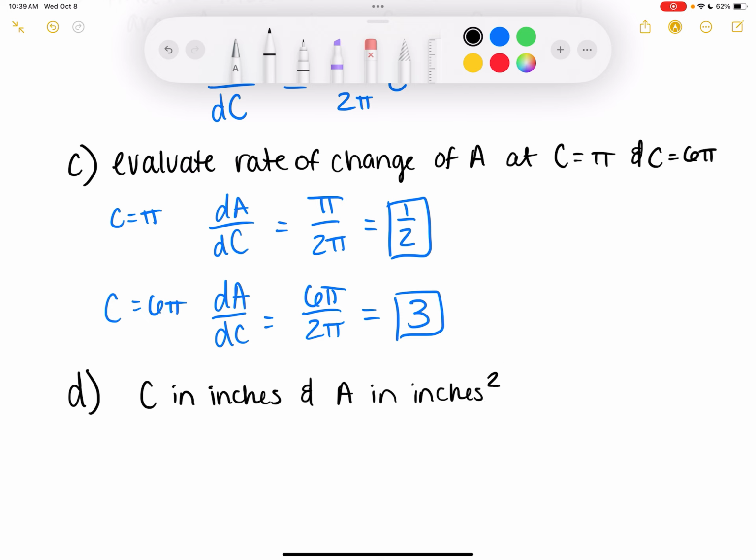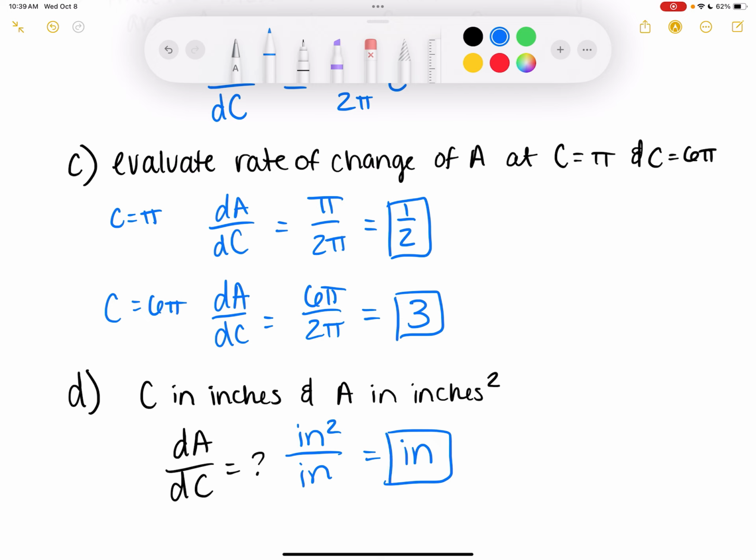What units would be appropriate for dA/dC? So basically, it's just inches squared over inches. Essentially, we just plug in the units, which would just mean that my final answer would be in inches. So nothing too crazy on those ones.